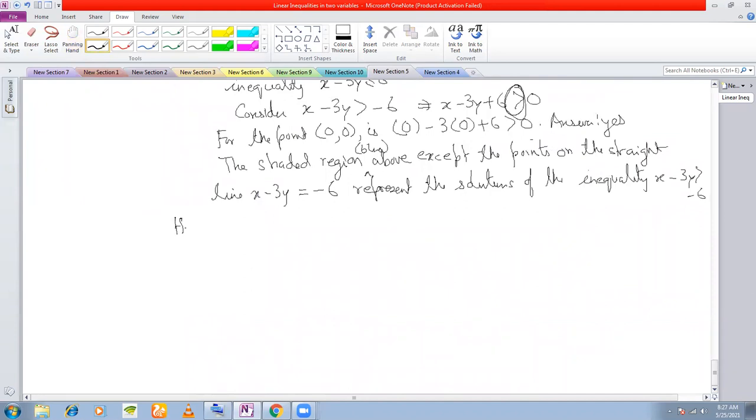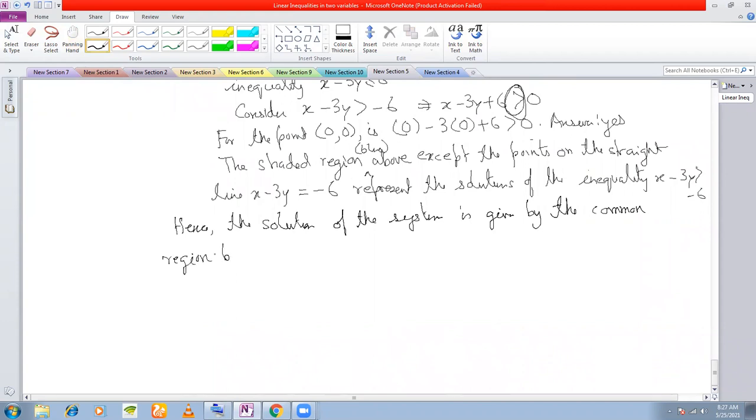Hence, the solution of the system is given by the common region shaded above.